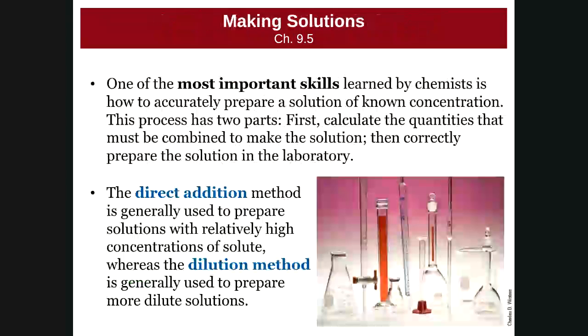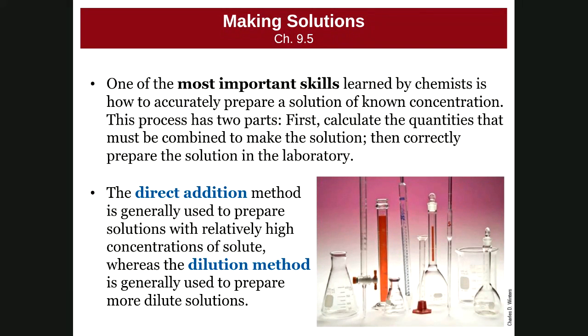All right. So making solutions is one of the most important skills learned by chemists. You want to prepare a solution with a known concentration. This process has two parts. First, you need to calculate all your quantities that are going to be combined. You want to know exactly how much of everything to add before you do anything in the lab.